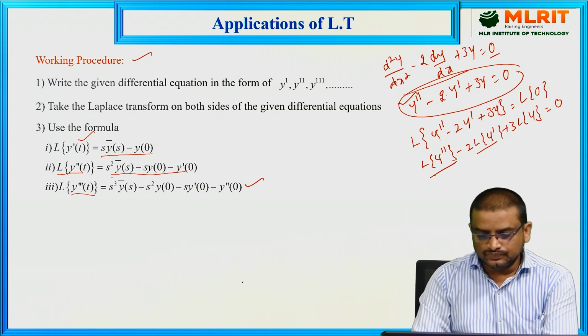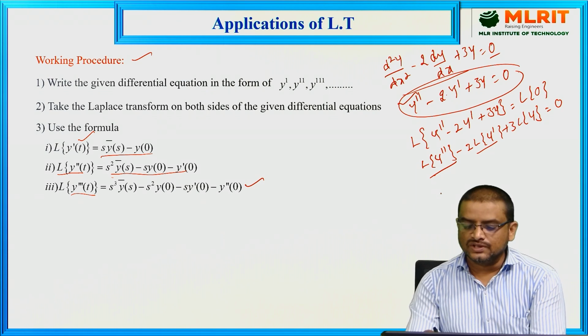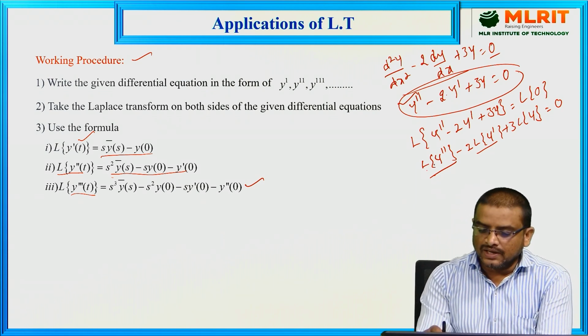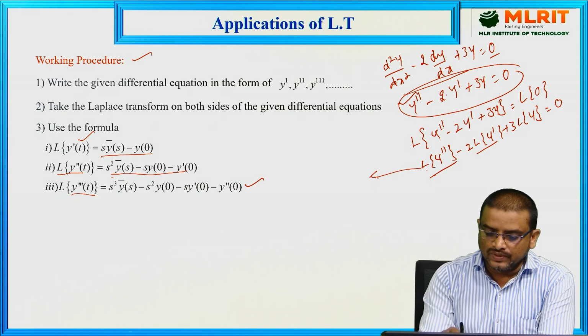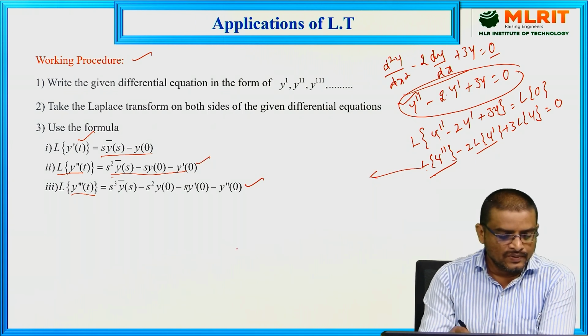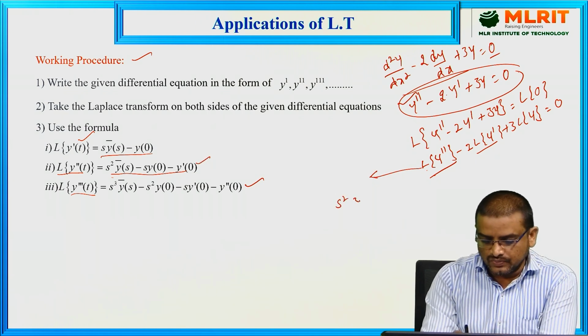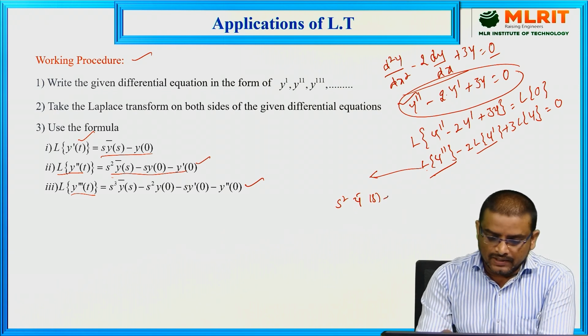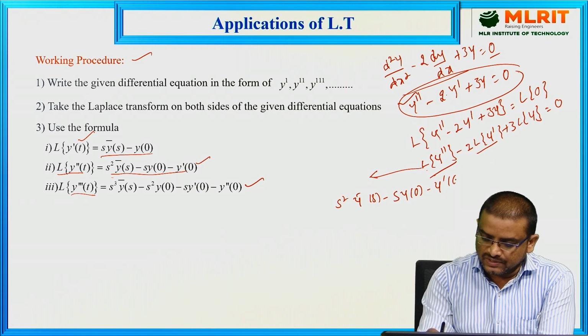So now, for example, if you observe this first term, Laplace transform of y double dash, we can replace this value with this second formula, that is s square into y bar of s minus s into y of 0 minus y dash of 0.